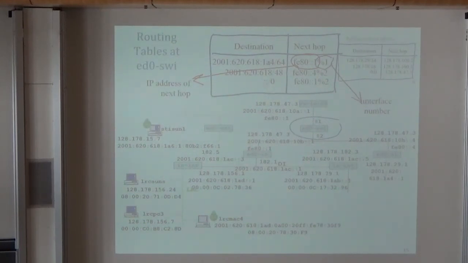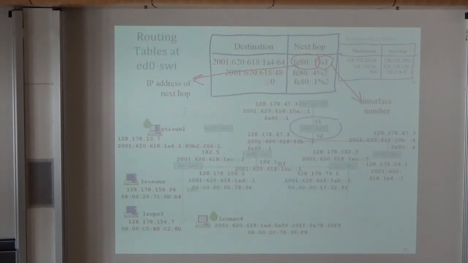Interrupt me if something is not clear. So the next hop is necessarily on link with me, therefore I can communicate with it using a link-local address. Therefore, in the IPv6 routing table, we will always see only link-local addresses as next hops.